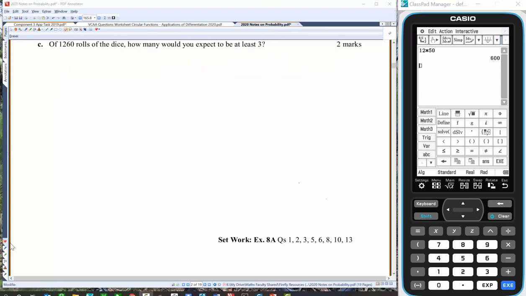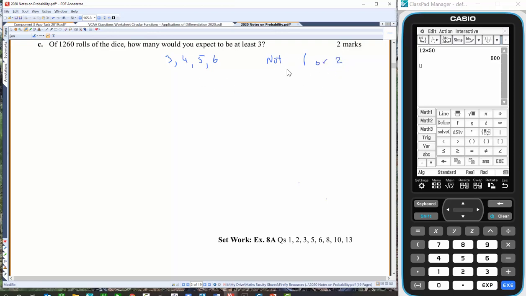Of 1,260 rolls of the dice, how many would you expect to be at least 3? So at least 3 means we want a 3 or a 4 or a 5 or a 6. But it also means it's not a 1 or a 2. So we're not after a 1 or a 2.